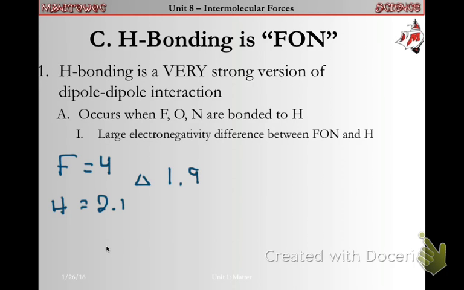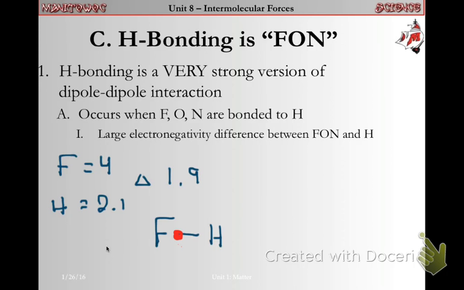Okay? So what that means is if we were to draw a molecule where fluorine was bonded to hydrogen, the majority of the electrons would be right where my red dot is going to be. I'm going to put it right there. All those electrons are getting really close to fluorine because fluorine is just such a strong atom when it comes to pulling electrons.